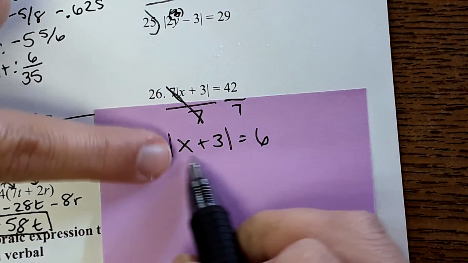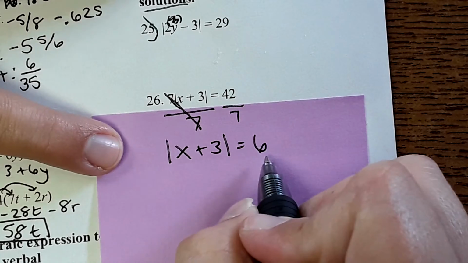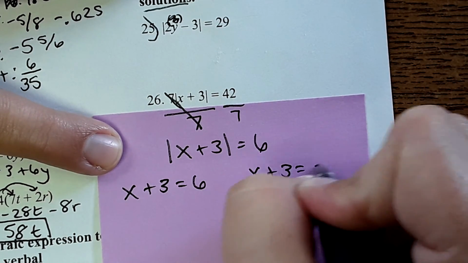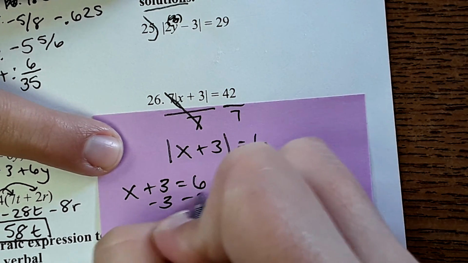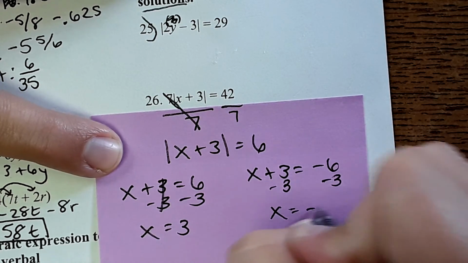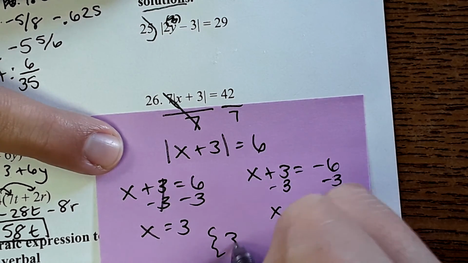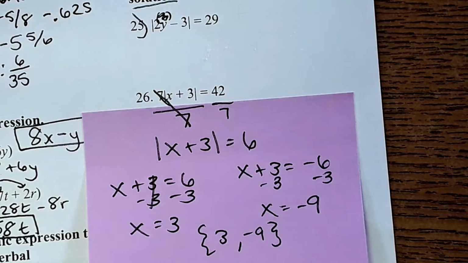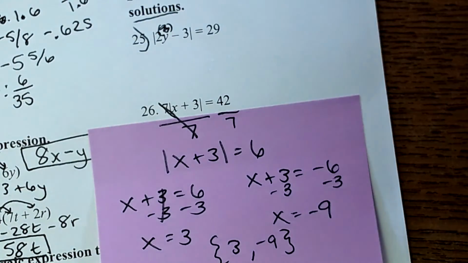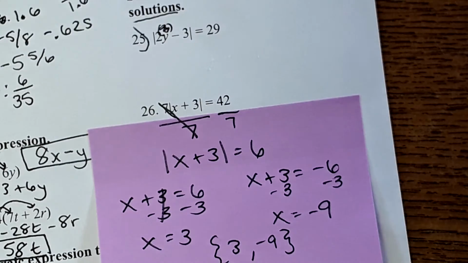From here, now that you have absolute value all by itself, we're going to set this equal to positive 6 and negative 6. Then we get 3 and negative 9. For this one, I know for a fact that all the answer choices have two solutions, so you don't need to go back and check. The next one, we're going to go back and check.